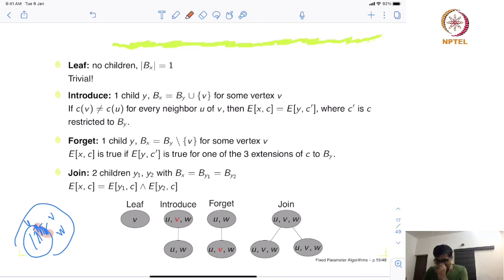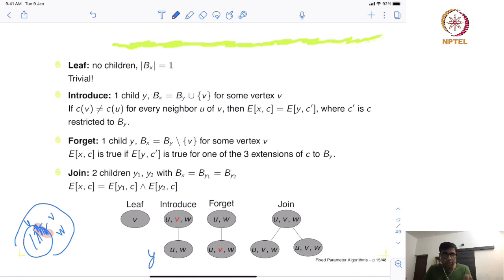Now I have assigned V. So given a child Y, whatever may be the partial 3 coloring of this bag, it has to be a 3 coloring, so you start with a partial 3 coloring.